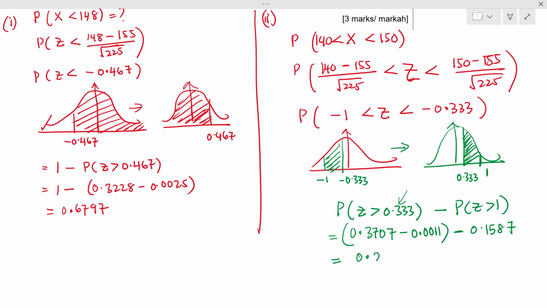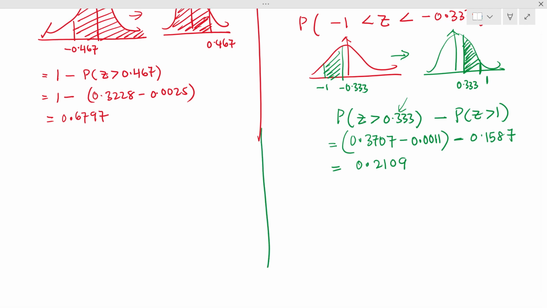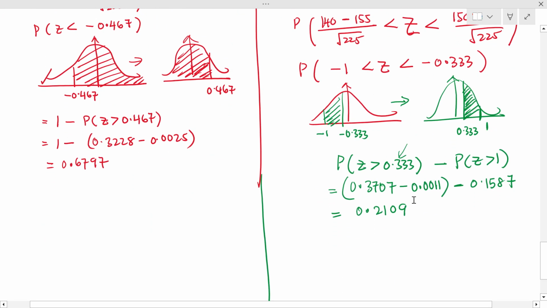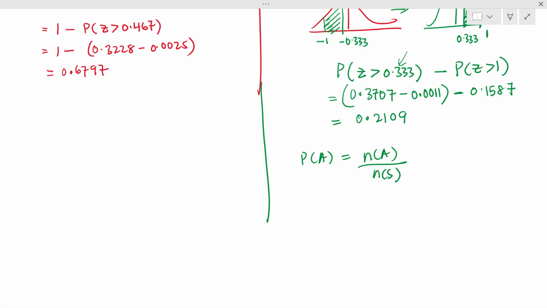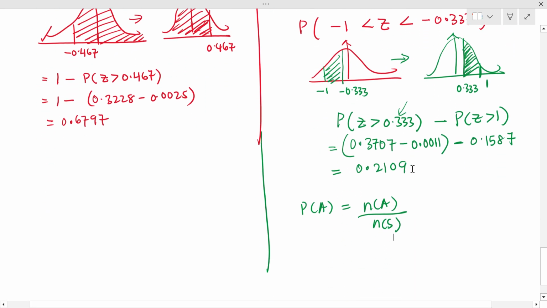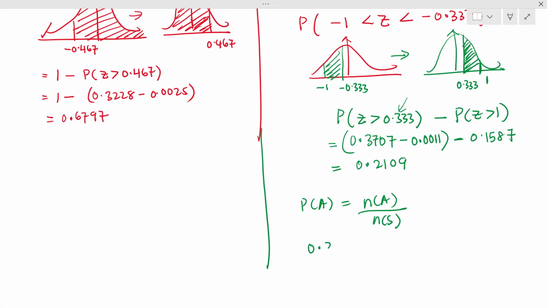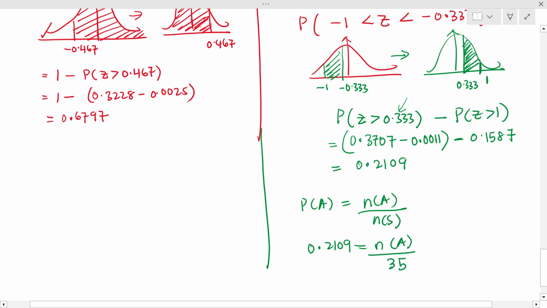I'm getting 0.2109. Now simply apply your Form 2 probability. What is the probability of A? Number of A over number of sample space. The probability, let's say the event we calculated above is your event A, which is 0.2109. We need to find how many students are related to this event, given the total number of students is 35.